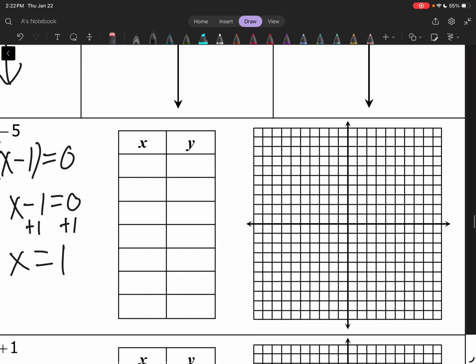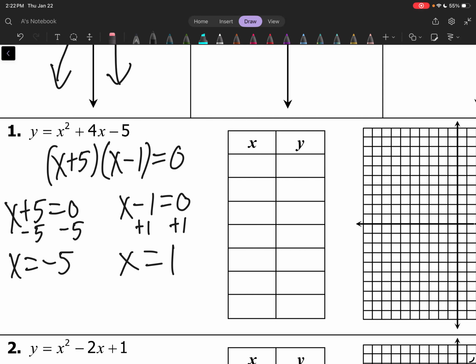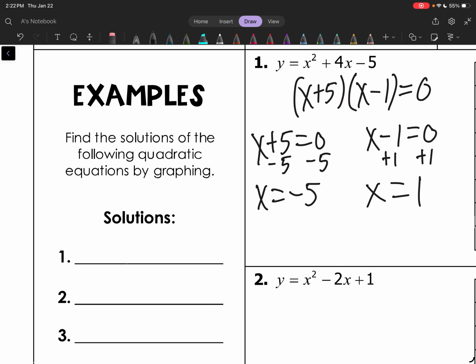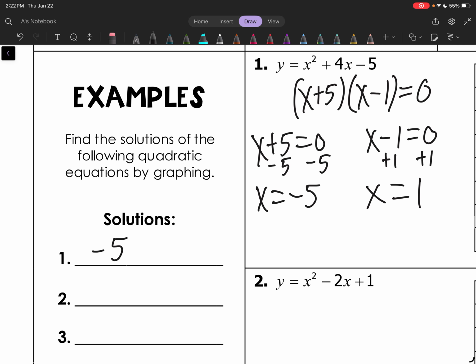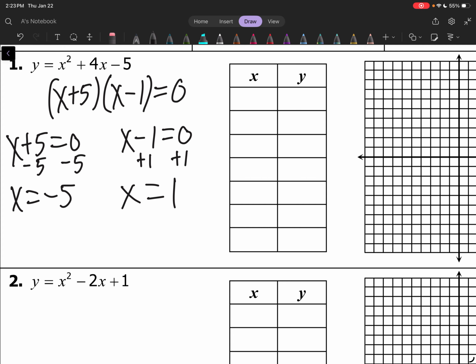I'm not too worried about the graph or the table. The only reason I say that, you have Desmos. You can look on there. My solutions for number 1 are negative 5 and 1. That's where it's going to touch my x-axis.